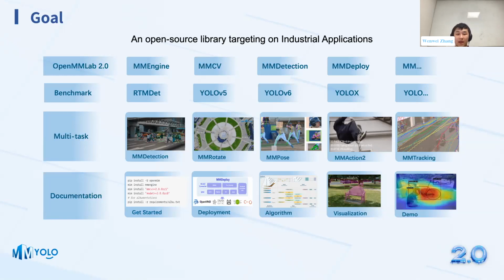And in MMYOLO, we also want to provide full documentation for developers at different levels. We provide getting started guides and tutorials for deployment, we will describe each algorithm in detail for beginners, and we provide many visualization tools and interesting demos for use.